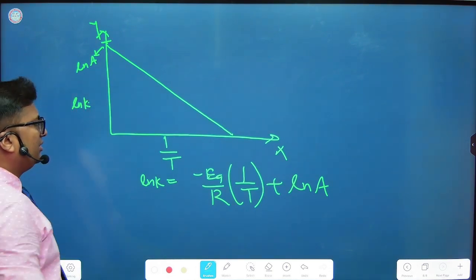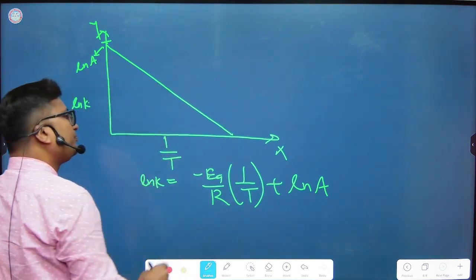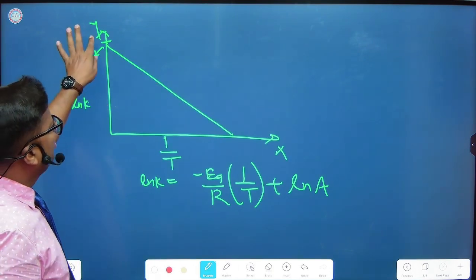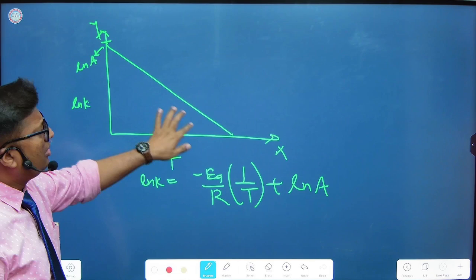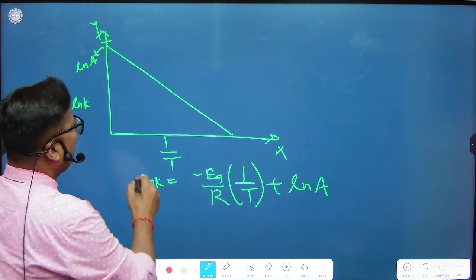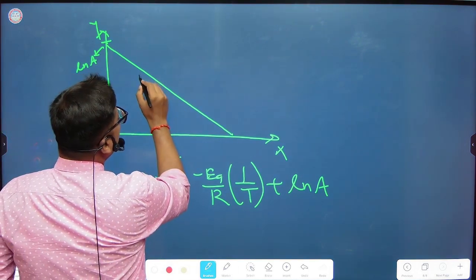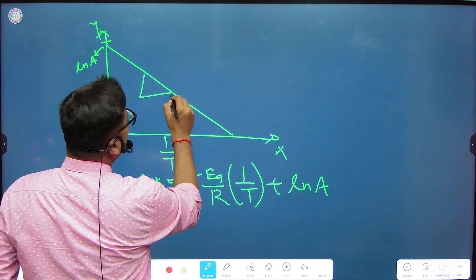It means this equation actually produces a decreasing linear graph, right? And you can get the slope at any stage.